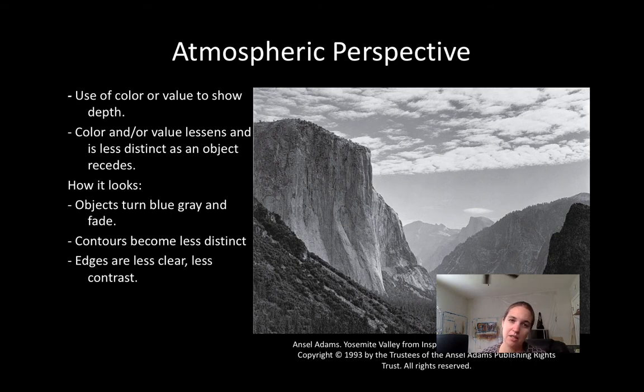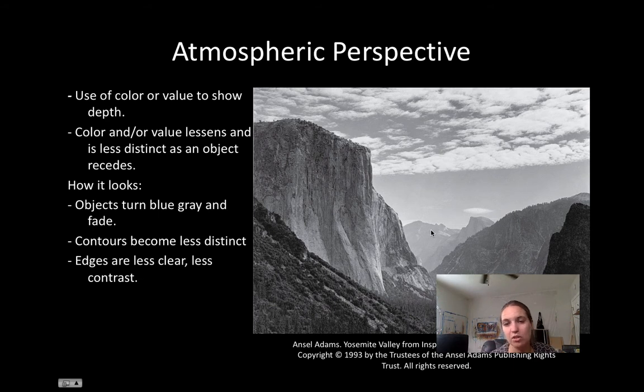It just means that the things in the back get lighter and sometimes more blue or gray if there's color, and things in the front are clearer and more textured and detailed. We see this in this photograph. Right in the front, it's darker, more detail, more texture. As you get back, it's lighter and blurrier.